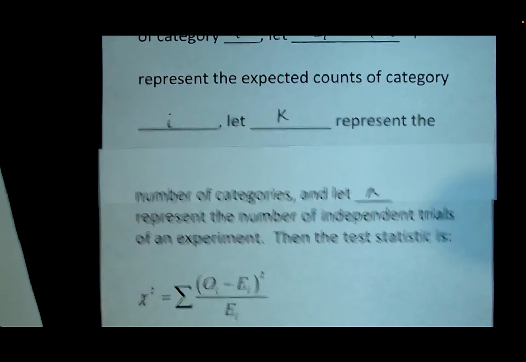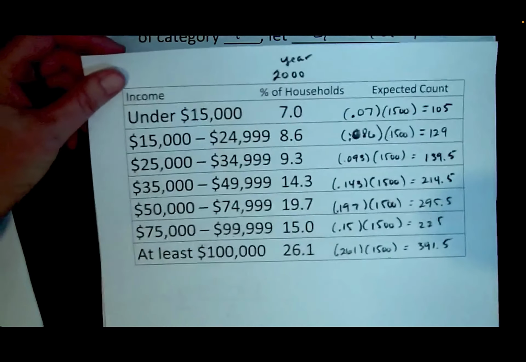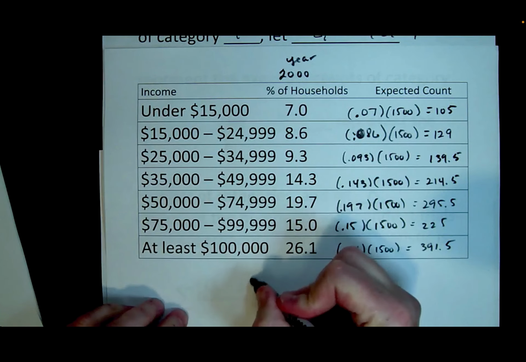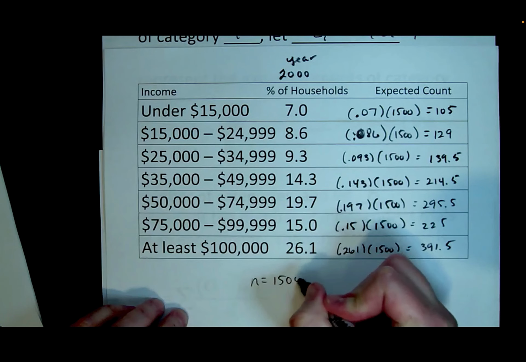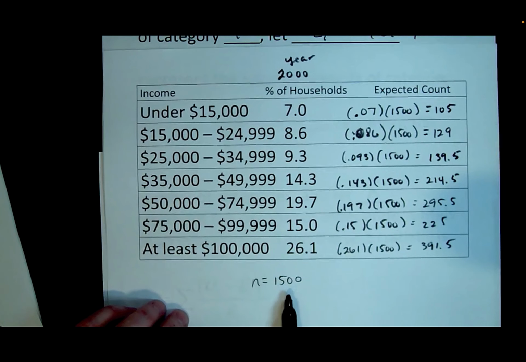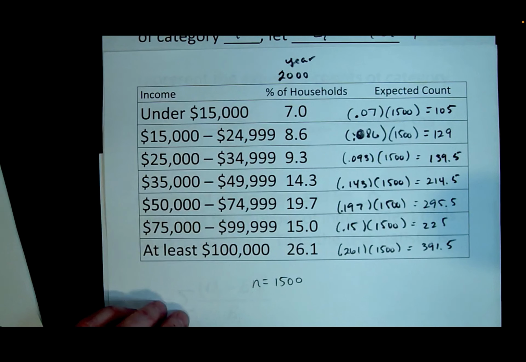Okay, so going back to our household incomes, N would be the number of households. Okay, we talked about that already. That's going to be 1,500. That's the number of trials. Each selection of a household is like a trial in which you find out which category the household fits into.